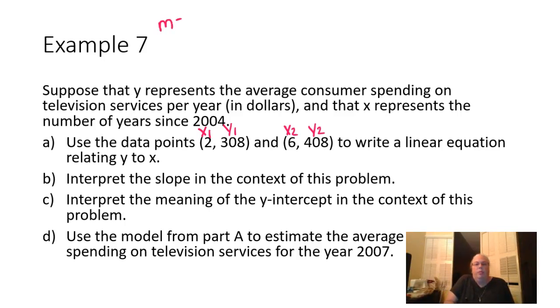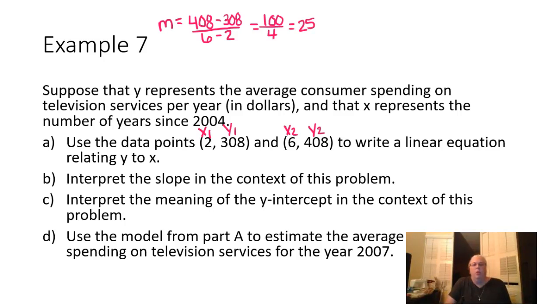All right, the slope will be y2 minus y1 divided by x2 minus x1. Well, 408 minus 308, that's going to be 100. And 6 minus 2 is 4. And this fraction reduces, and it will give me 25.